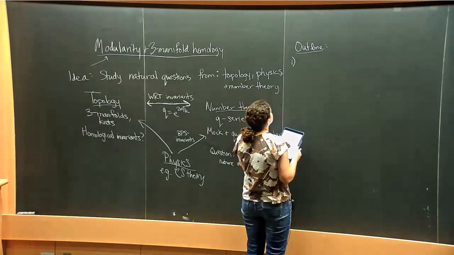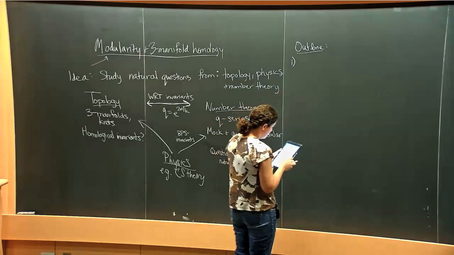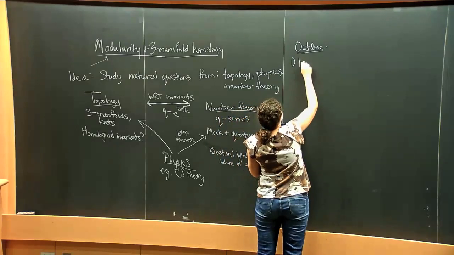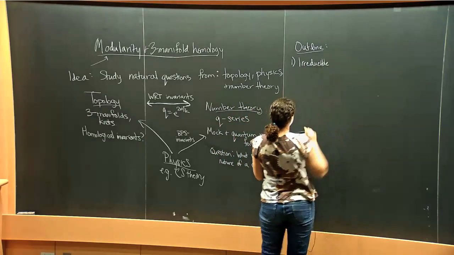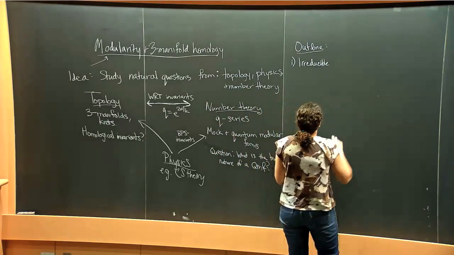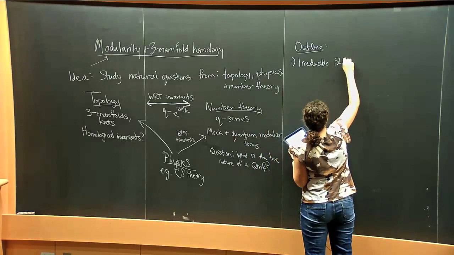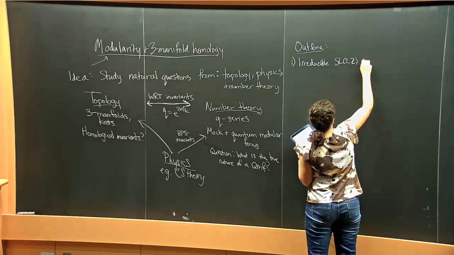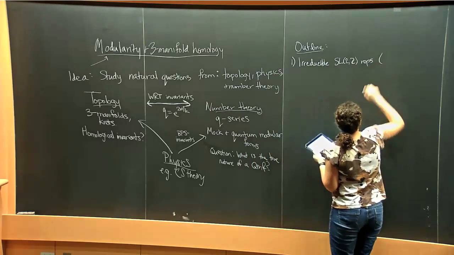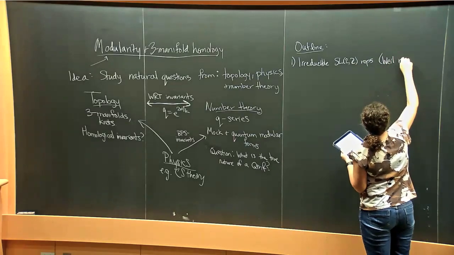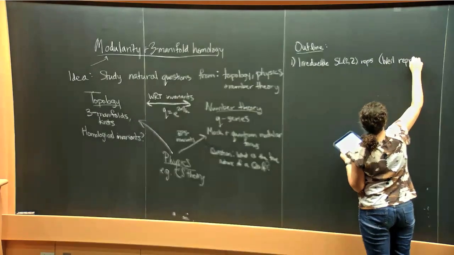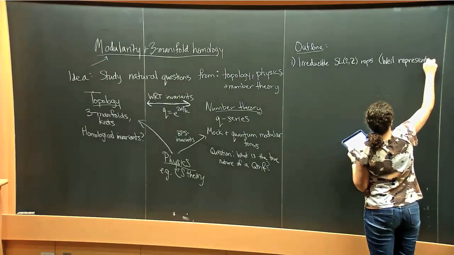So the first, starting with the simplest idea, are objects which are naturally described by irreducible representations of the modular group, which are often called Weil representations.